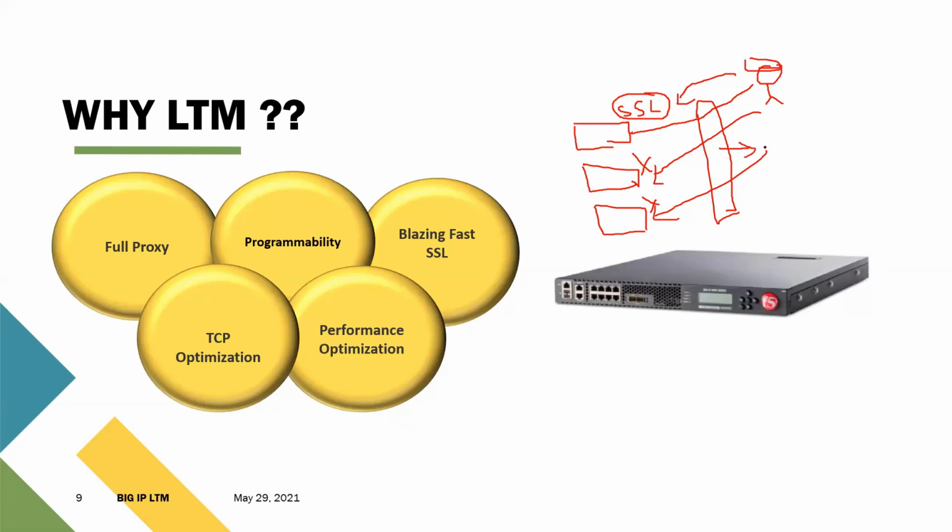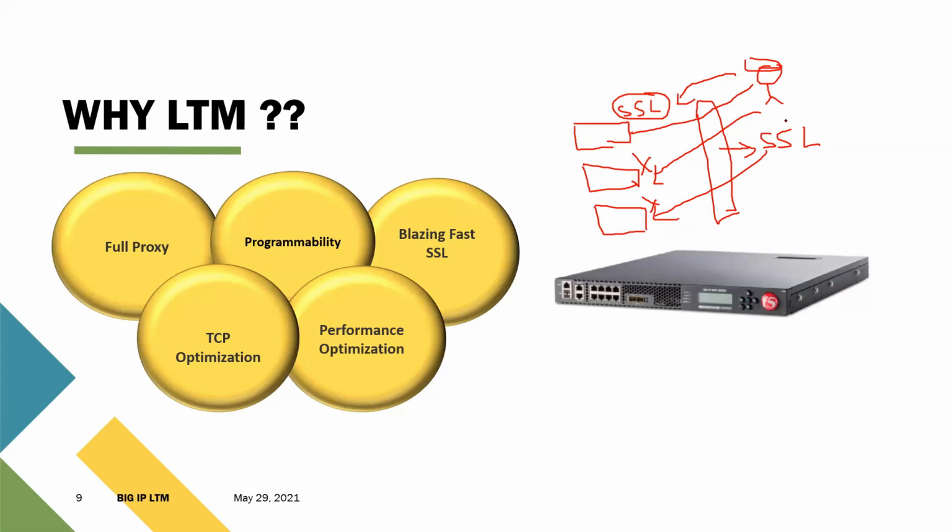Now this will do my SSL offloading, and I can offload the task of SSL handshake from the server to the LTM. So now the user will do the handshake directly with the LTM. So all the SSL requirement will be taken care of by your LTM.